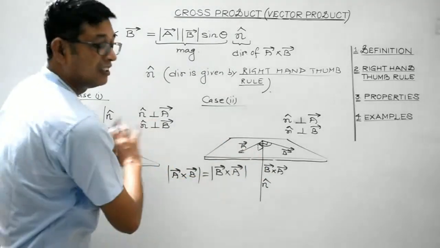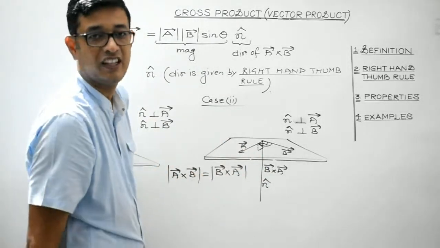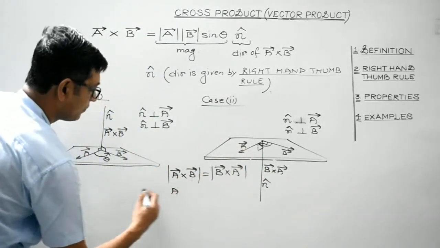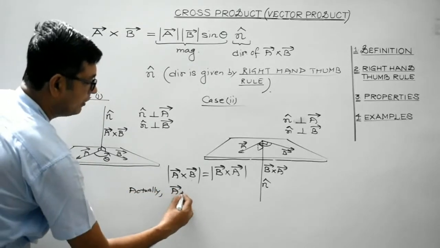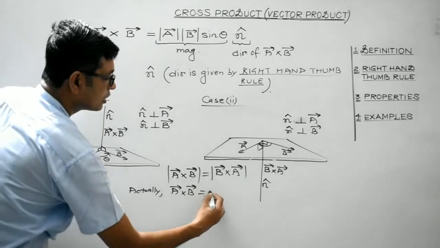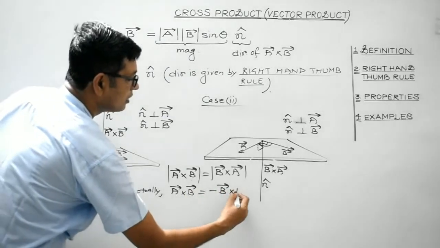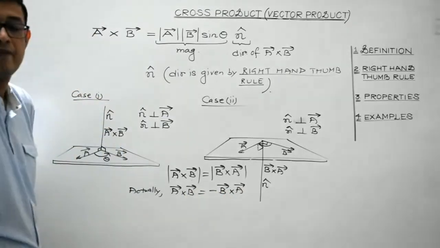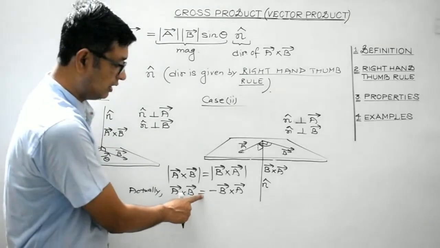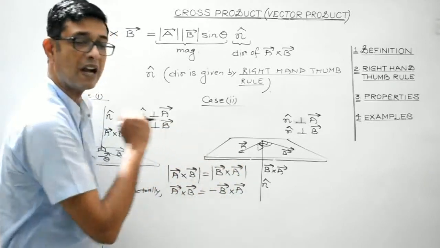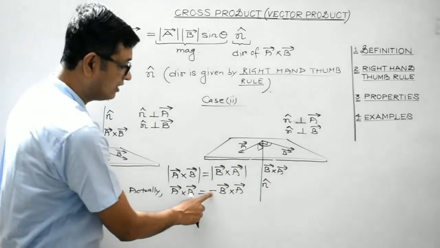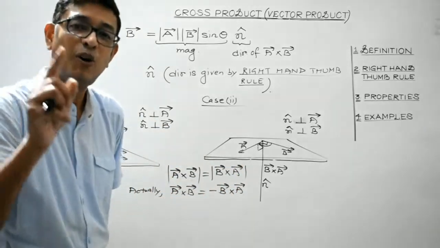They are negative vectors of each other, and that will be represented by, actually, in vector form, A vector cross B vector must be equal to minus B vector cross A vector. Now students, look, this equal sign suggests that both A cross B and B cross A are of equal magnitude, and this negative sign suggests that both are oppositely directed.